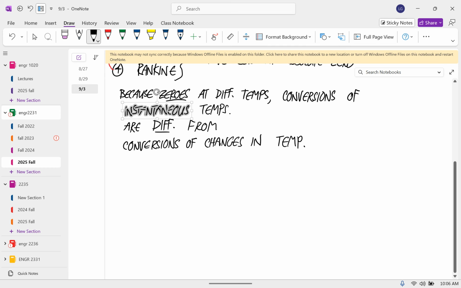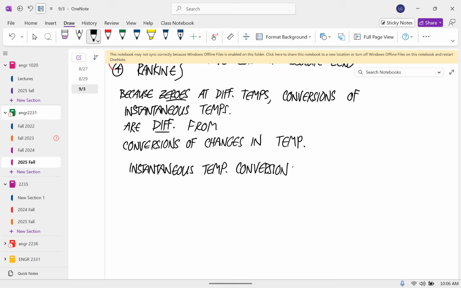So for instantaneous temperature conversions, the temperature in degrees Fahrenheit is the temperature in degrees Rankine minus 459.67.